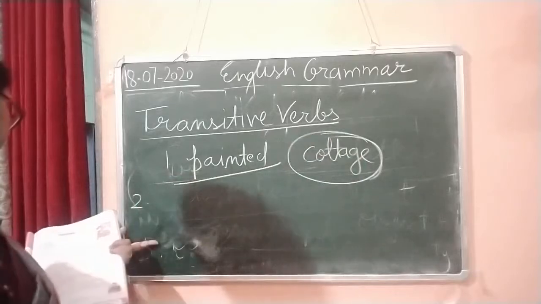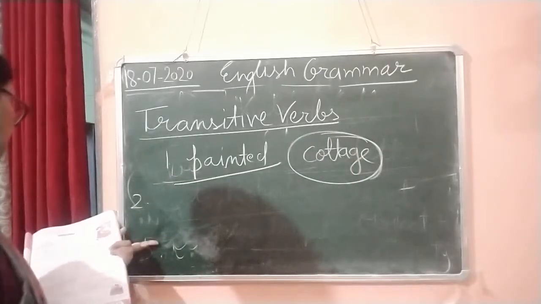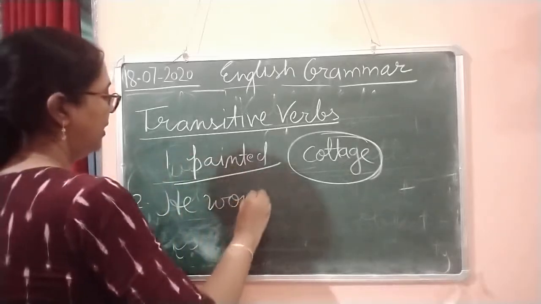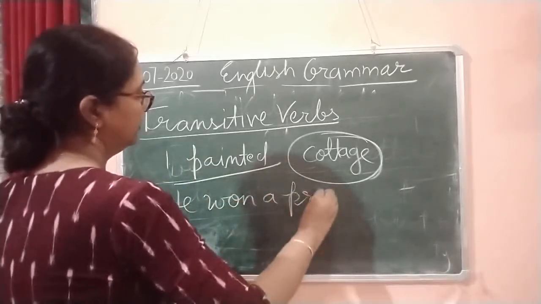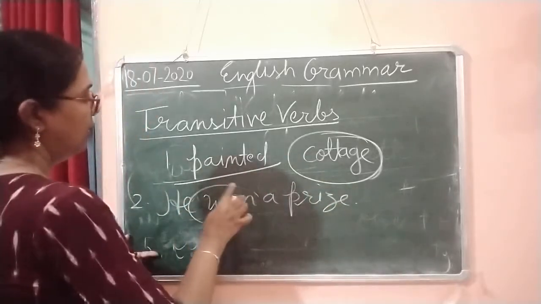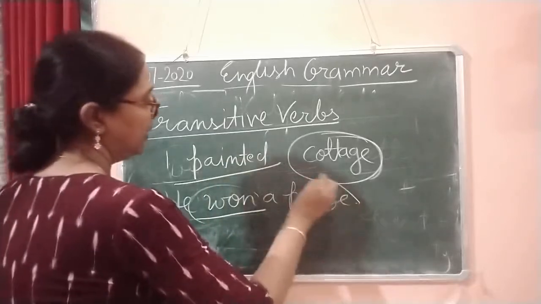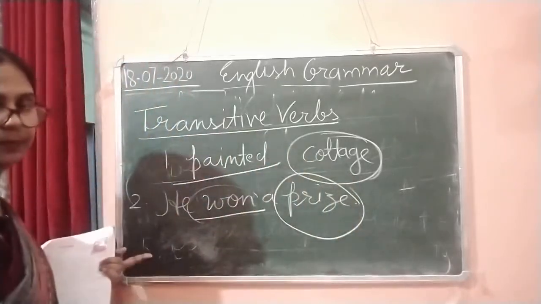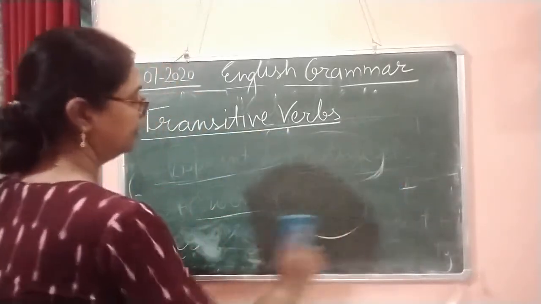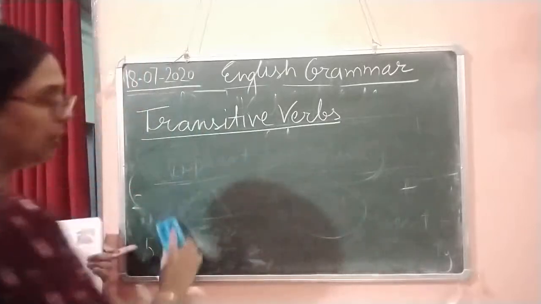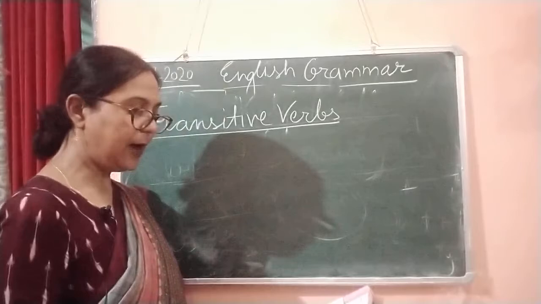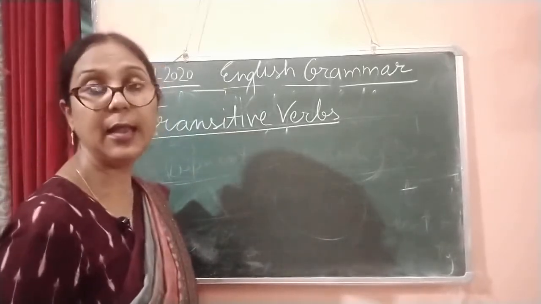Now second, he won a prize. Here you can see won is the verb and this is the object. Now let's move to number 3. The farmer plowed the land.